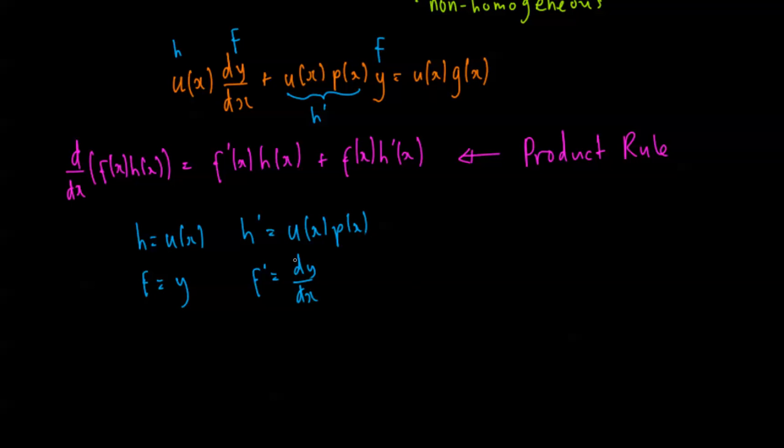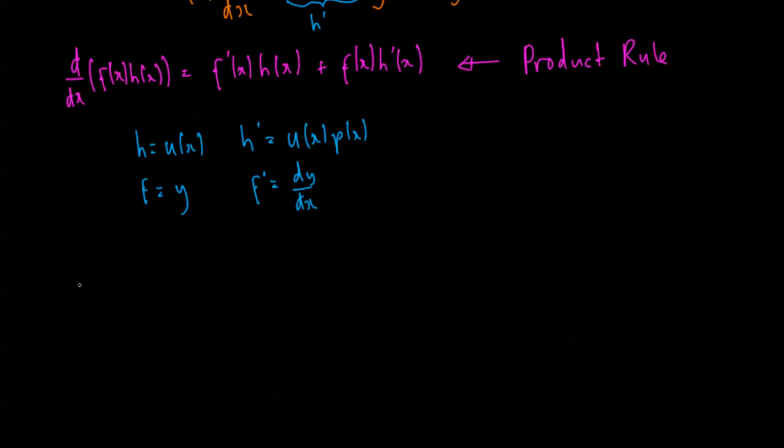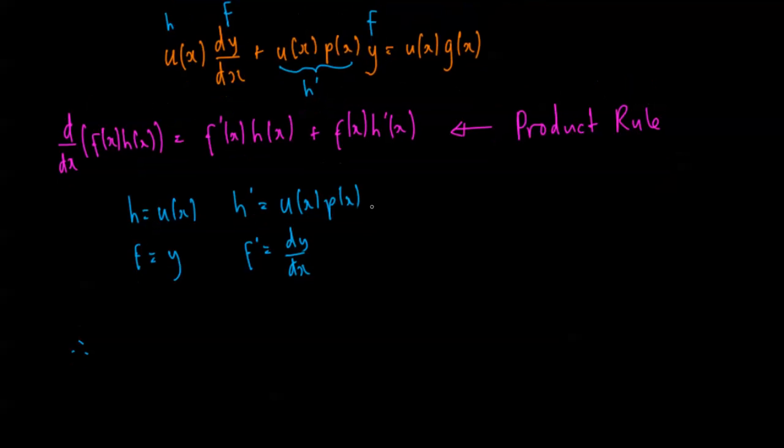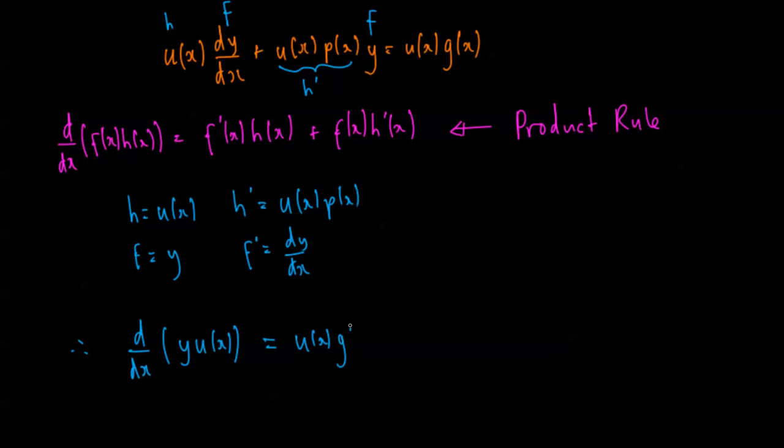That seems fair. So therefore, I can write the left hand side like this: d/dx of f of x, which is y, times h of x, which is u of x, and that's going to be equal to u of x, g of x.